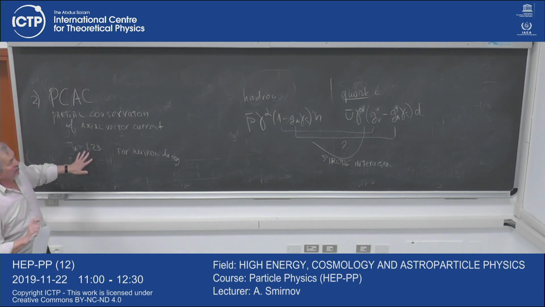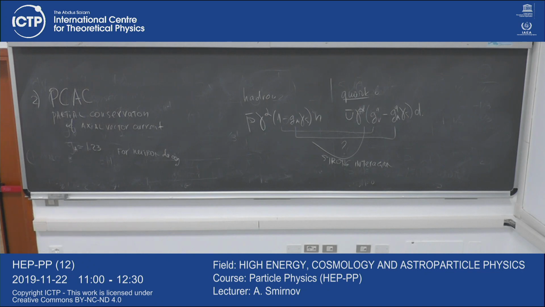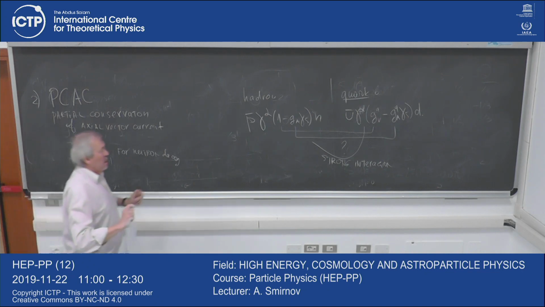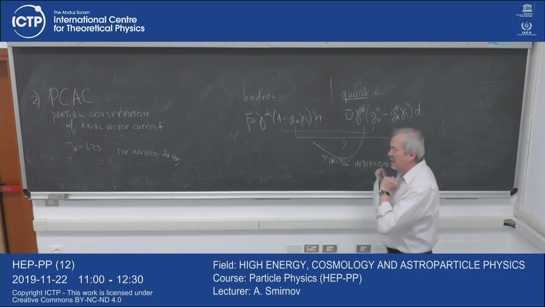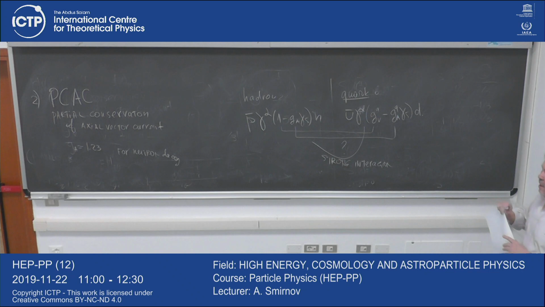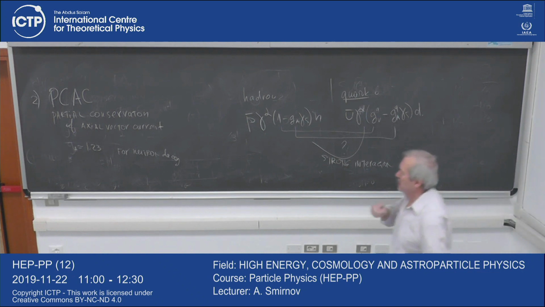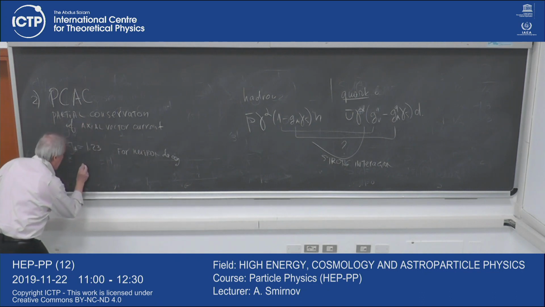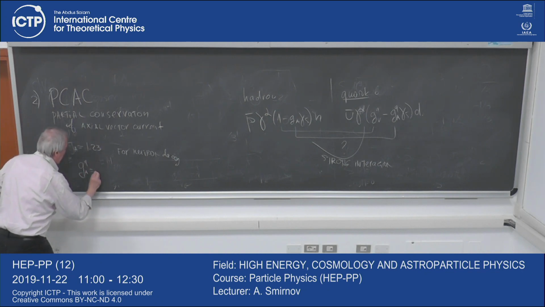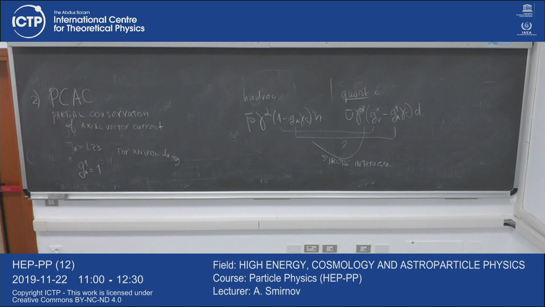So you see it was 1.23, and this is the effect of strong interactions. So axial vector current is affected by strong interactions, but not strongly. And then it was an idea, which was checked and proved, that at quark level the situation is even simpler. The axial vector coupling at quark level is 1, like the vector coupling in these units.